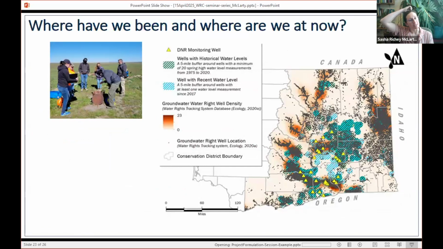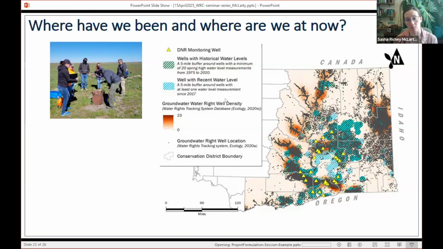So where does that bring us and where have we been? The figure on the right is from the 2021 Long-Term Water Supply and Demand Forecast project, along with some partners on this call and Aspect Consulting. We looked at where groundwater rights have been issued in the gray dots and higher density in these orange blobs.